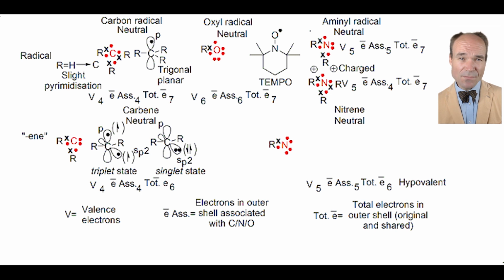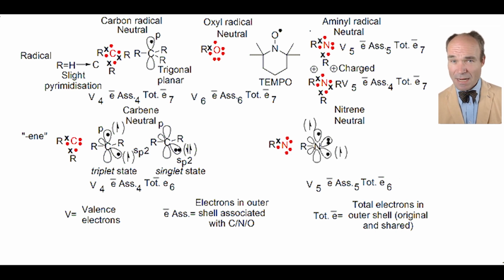Again, there are two forms of nitrene. However, it can be challenging to determine their structure. One has a lone pair, but critically two unpaired electrons, both with the same spin state, one in an sp2 orbital with the other in a p orbital. This is the triplet state.